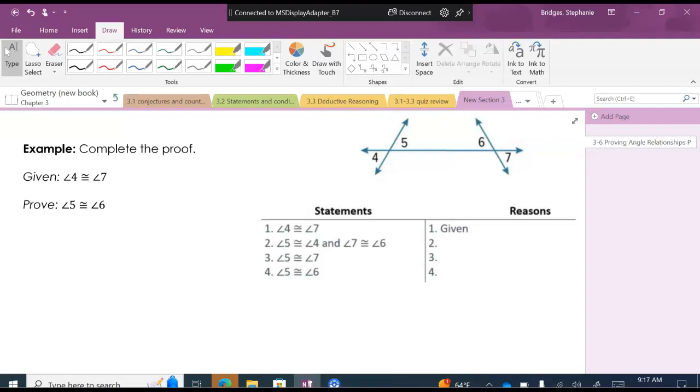And then it says that angle 5 is congruent to angle 4, and angle 7 is congruent to angle 6. Look at your picture and decide why that is true. Look at angle 5 and 4. Look at 7 and 6. Why would we be able to say that they are congruent? What kind of angles are they?